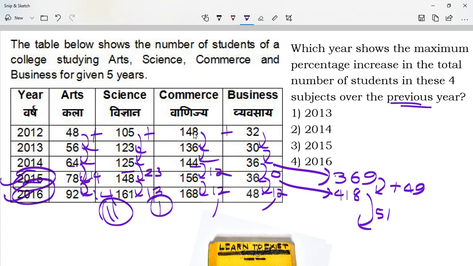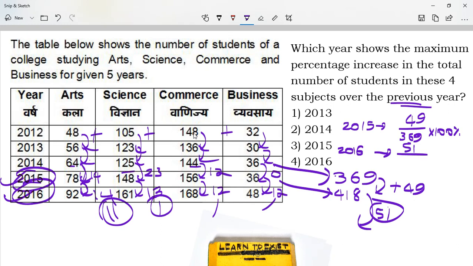Okay, and which one is showing the maximum percentage increase, and how do we find the percentage increase? For 2015 is going to be 49 over 369 into 100 percentage, and for 2016 it's going to be 51 over 418 into 100 percentage.